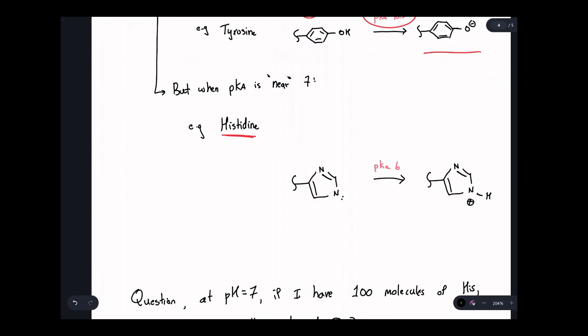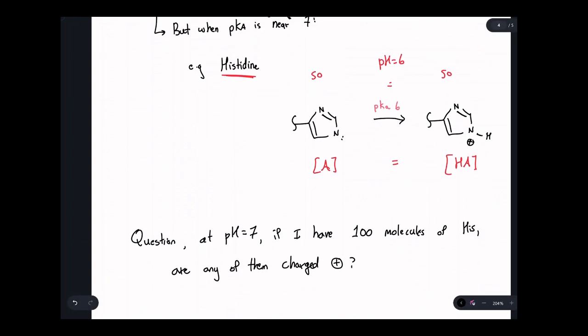So with histidine, its pKa is 6, meaning that once we're at pH 6, there's going to be a 50-50 mixture of these, because, again, when pH equals pKa from the Henderson-Hasselbalch equation, HA must be equal to A in terms of concentration. So if I had 100 molecules of histidine at pH 6, 50 of them would be like this, and 50 would be like this. So here's an interesting question.